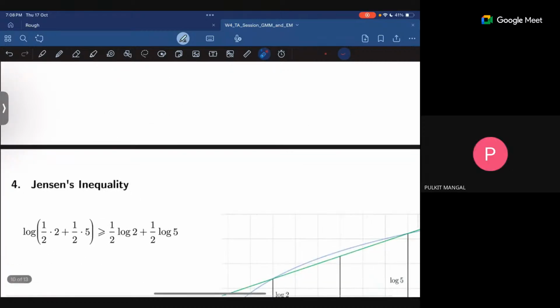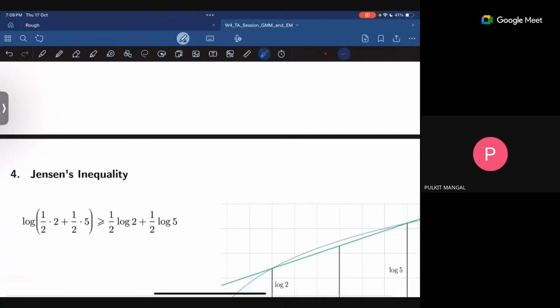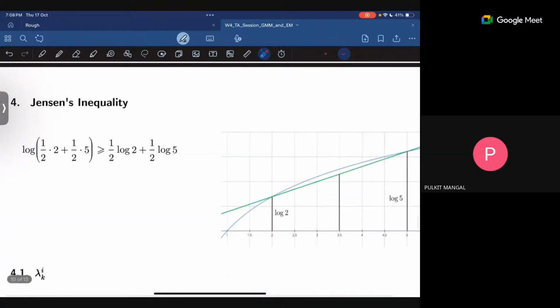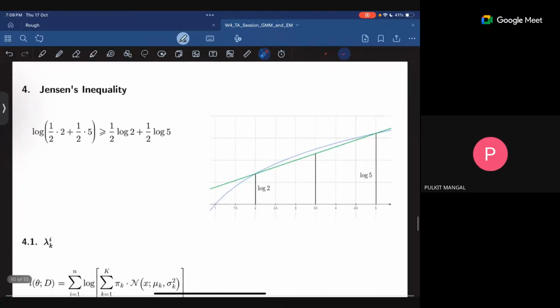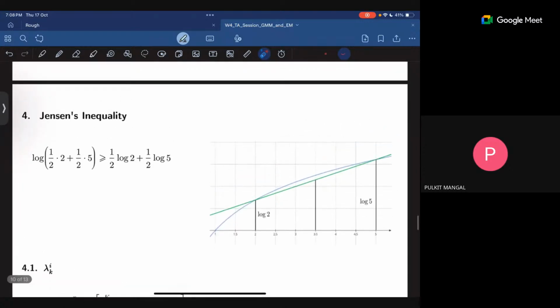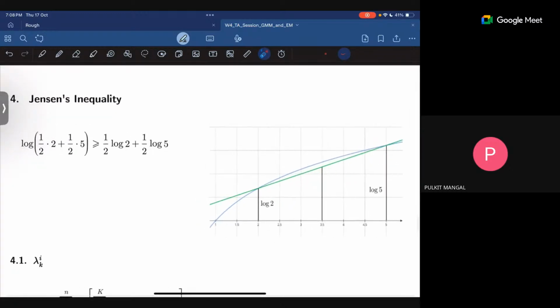Yeah. So Jensen's inequality comes into the picture here. Now what does Jensen's inequality mean? If we look at it from the logarithm function point of view, on the screen we have drawn the graph for the logarithm function.